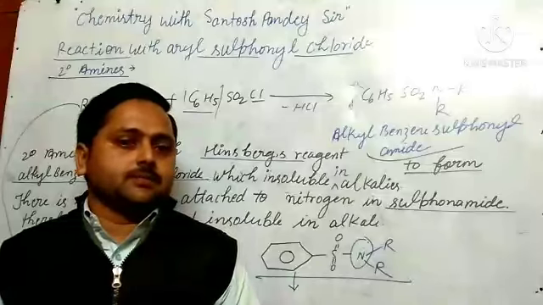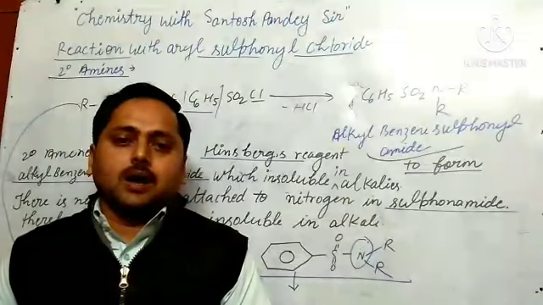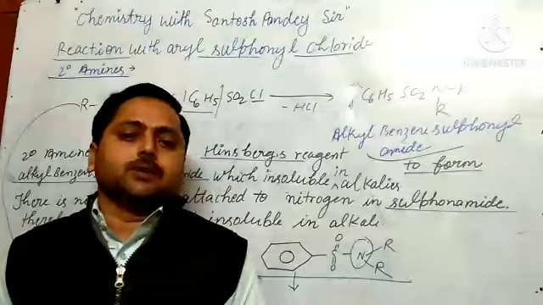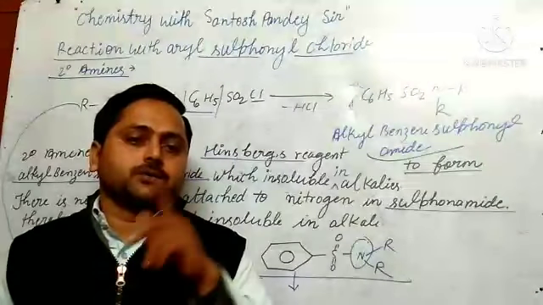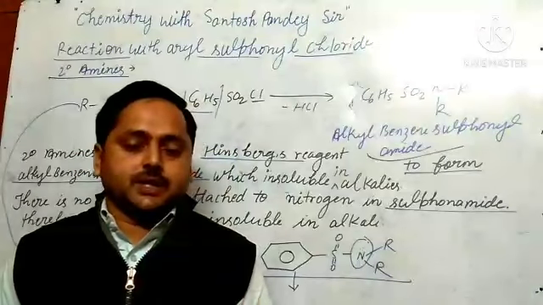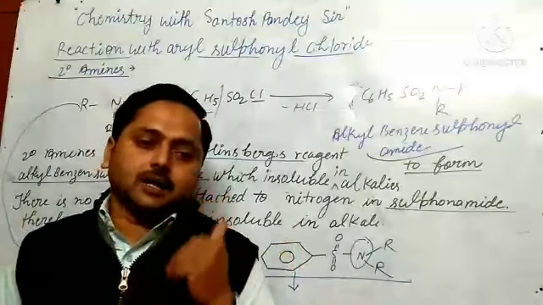But what is the difference? Primary amine product is soluble in alkalis, while secondary amine product is insoluble in alkalis. Why is it insoluble? Because there is no hydrogen atom attached to the nitrogen atom. Therefore it is not acidic and not soluble in alkalis.